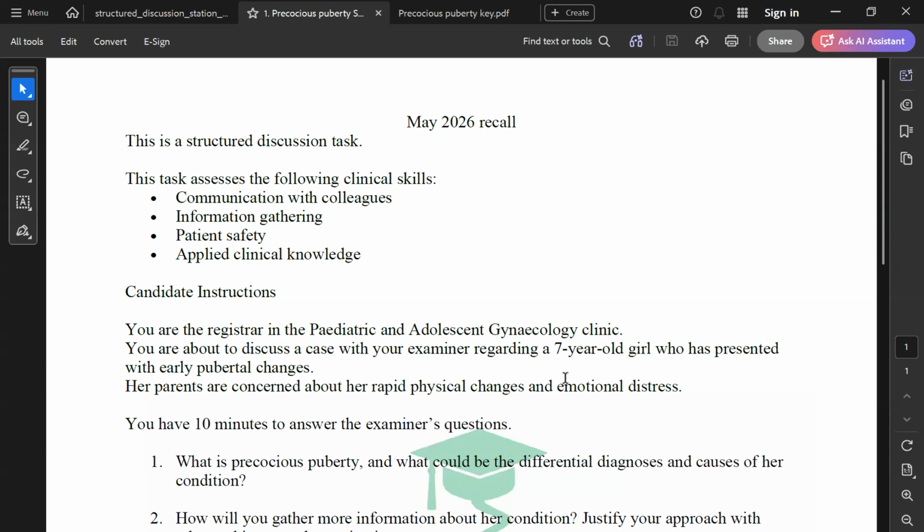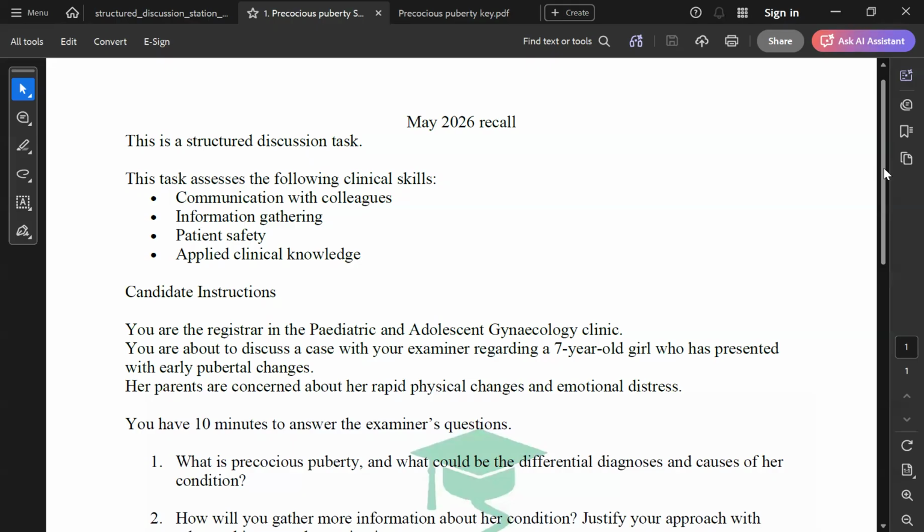It could be due to a tumor, like an ovarian tumor, especially an estrogen secreting tumor. It could also be from a tumor of the adrenal gland. It could be idiopathic as well. So that's it. Do you have any differential diagnosis in your mind?